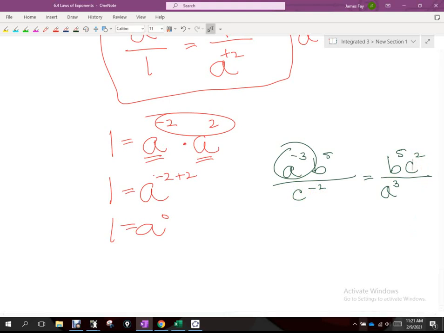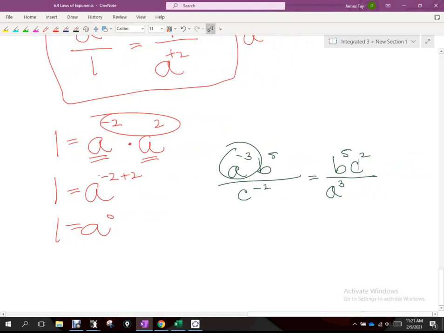Now, what you can do with those, or what you'll see with those, is things like this. Let's go like a to the negative 4th, b to the 6th. Let's say a to the negative 3, b to the negative 2. Okay.